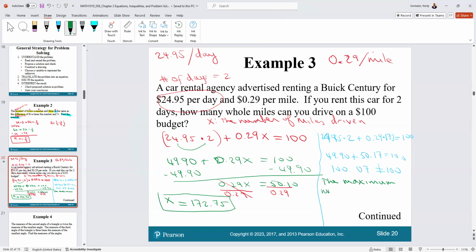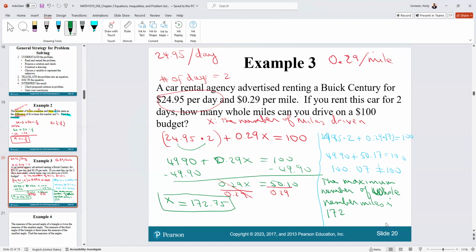The maximum number of whole number miles, let's suppose this is a W, is 172. Okay, so that's the maximum we're going to go. We're going to go with that.